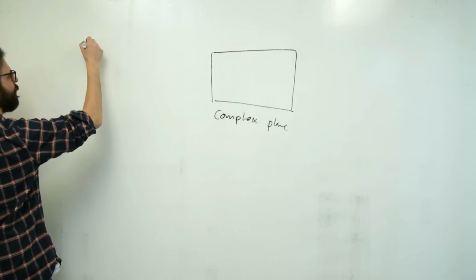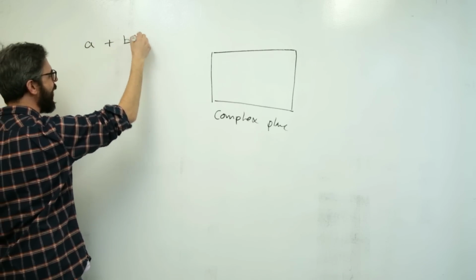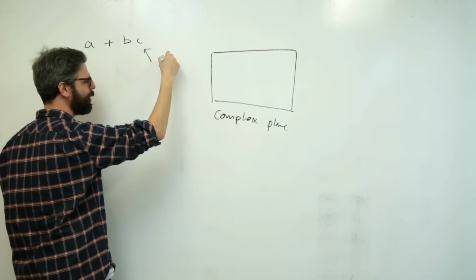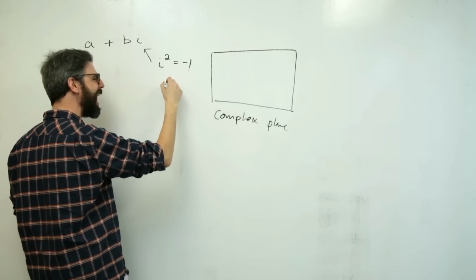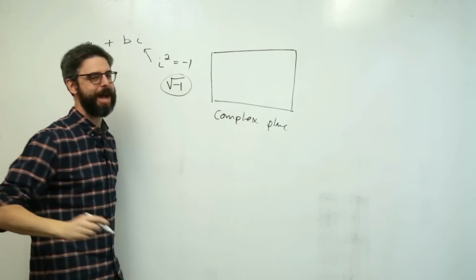A complex number is of the form a plus bi, where i is the solution to the equation i squared equals -1. So you can kind of think of i as the square root of -1.